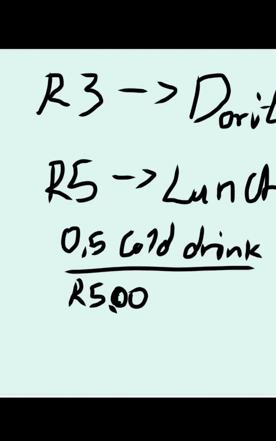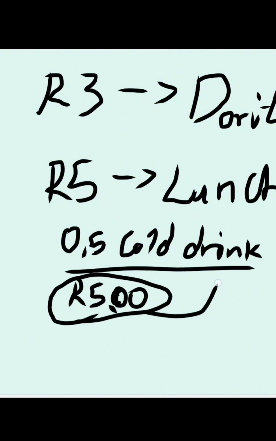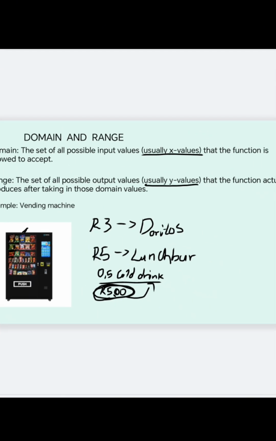So this is what is inhibited. You cannot insert 5 rands and expect the machine to give you a cold drink. Even though 5 rands is allowed, you will not get a cold drink, because the machine only gives the specific snacks or chocolates it stocks. That is what domain and range on a function is based on.